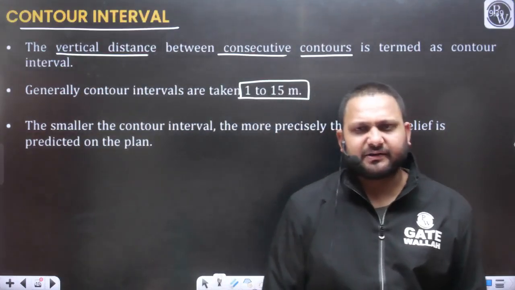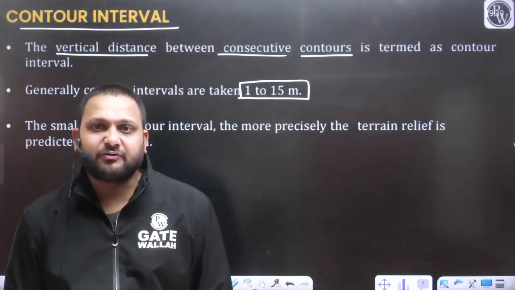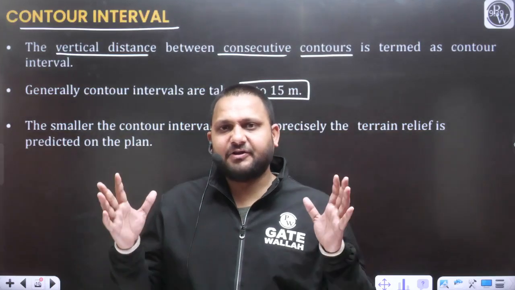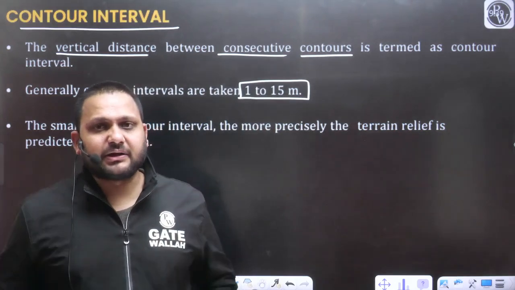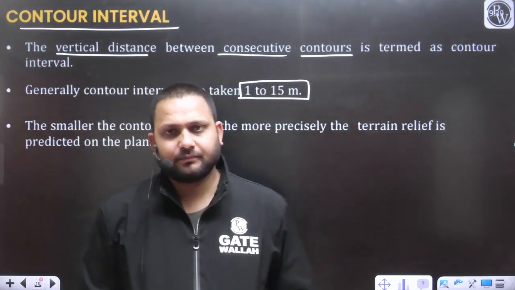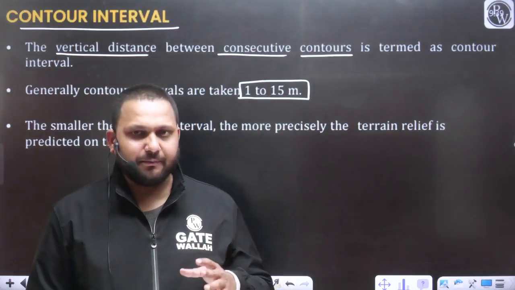So various factors are there. Like it will depend upon the available resources. For example, for a given feature, I need to prepare the contour map in 1 day. And for the same feature, I have 10 days.